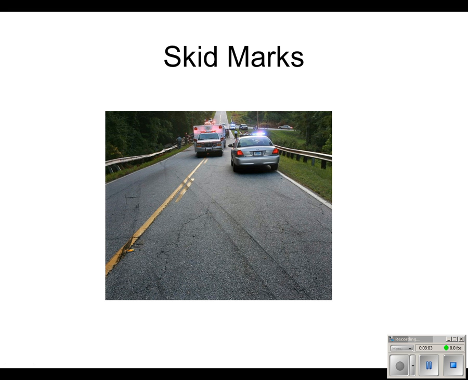We can actually get information of when the brakes were applied, and then we can calculate how fast the car was moving using the skid to stop formula. That is going to involve the weight of the car, texture of the road surface, length of the marks, and then they're going to calculate that to figure out who's at fault.